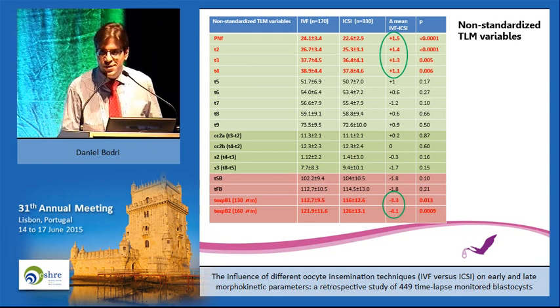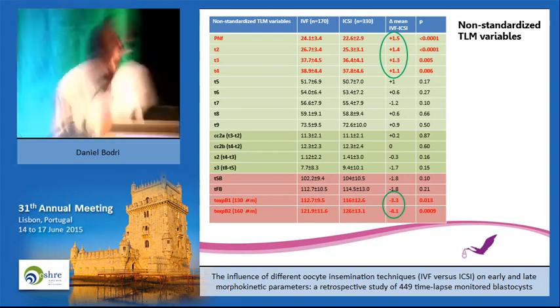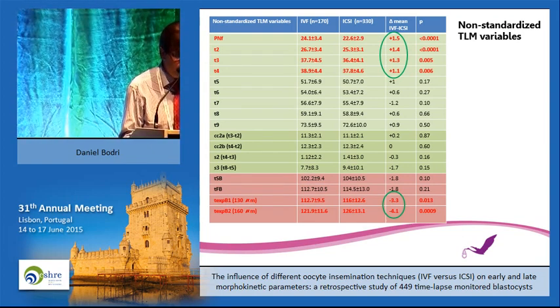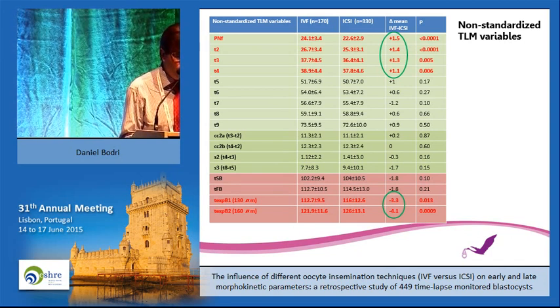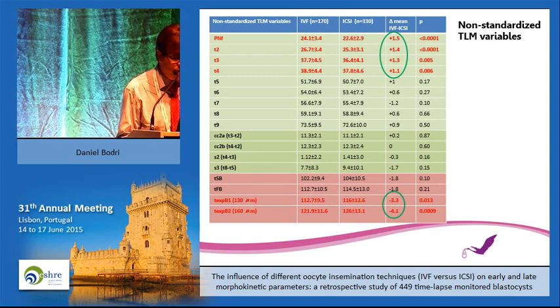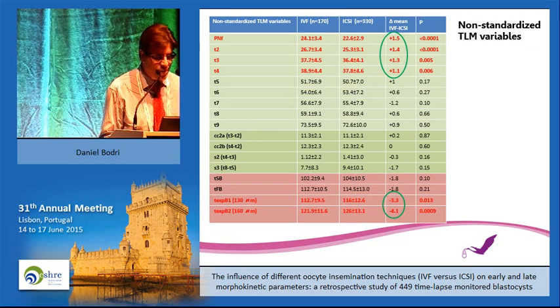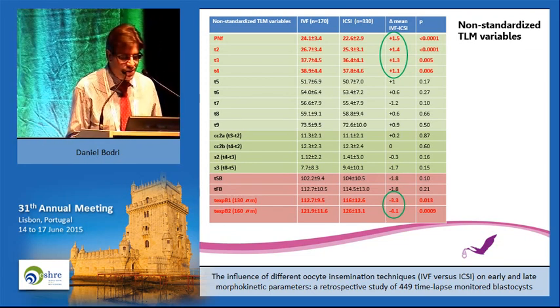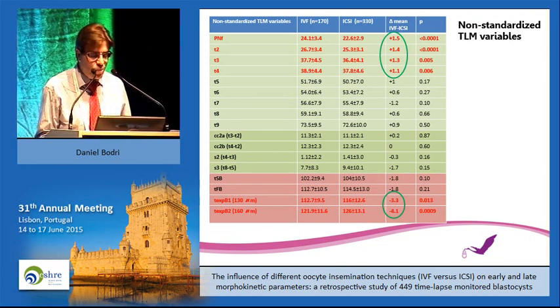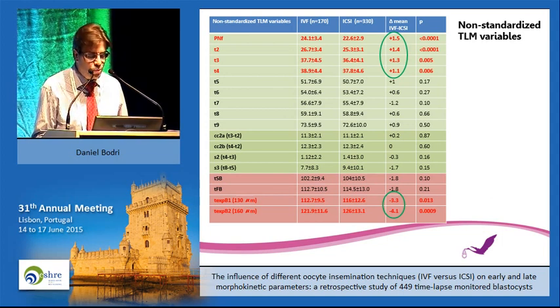Now let's take a look at our study findings. First, we have examined the differences between the IVF and the ICSI fertilized group, taking a look at the non-adjusted original data set. It can be readily appreciated that during early cleavage stages, up until the 4-cell stage, there was a statistically significant plus 1.5 to plus 1.1 hour lag for IVF fertilized embryos, but this difference has diminished during subsequent cleavage stages.